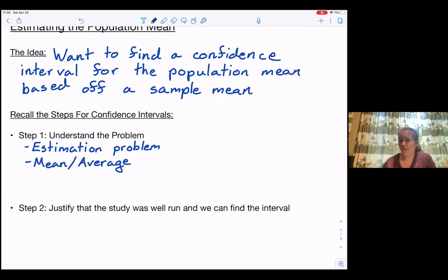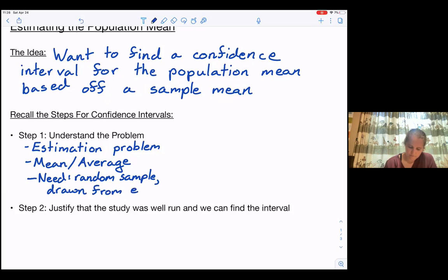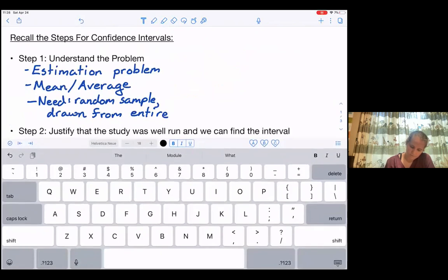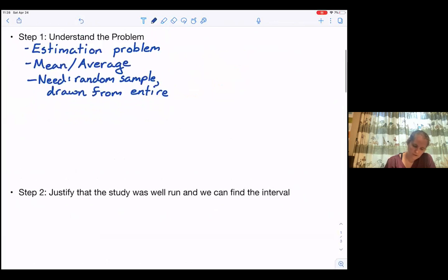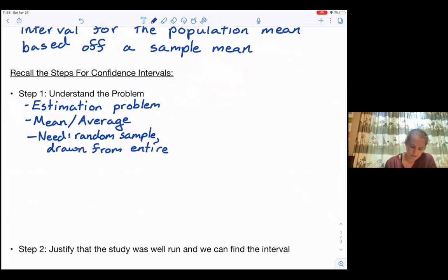And then from there, we have some main symbols or key facts we need to look for. So we'll need that we have a random sample drawn from the entire population.